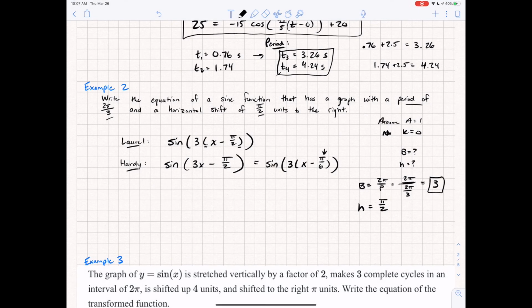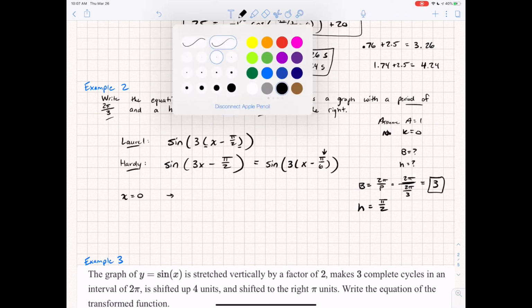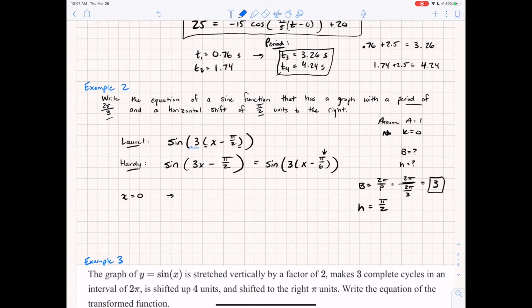Algebraically, to show this one more time, remember that generally x starts at 0. And so if I was to go through and set each inside piece here equal to 0, I should see x be translated to the new horizontal, which is pi over 2, horizontal shift, new starting x value.